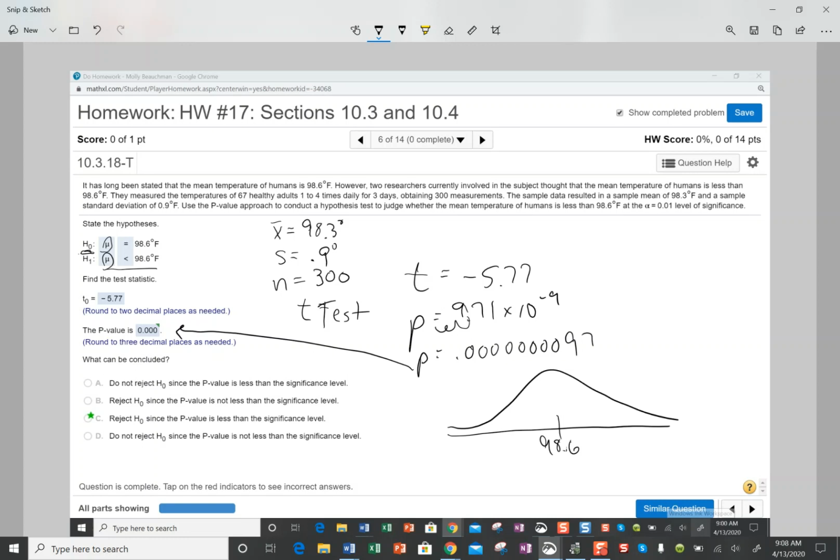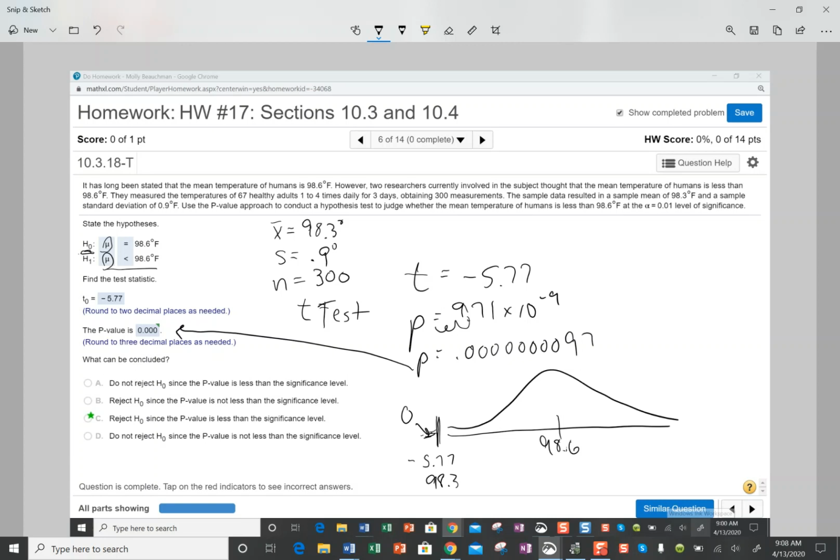So this says it's 5.77 standard deviations below the mean. It's way down here. That's the t value. That's an actual temperature value of 98.3. The probability to the left of that is basically 0. It's so small that it's 0.